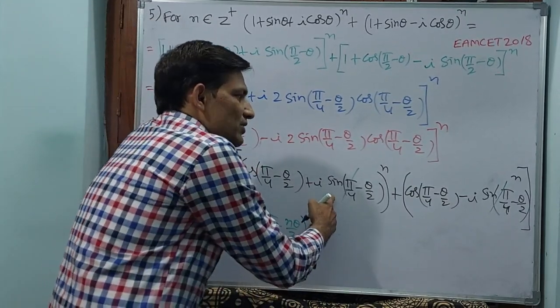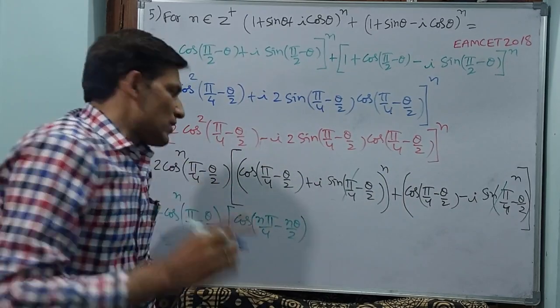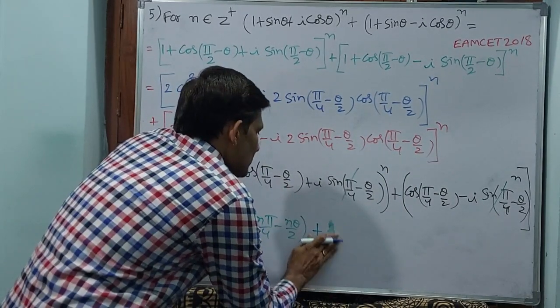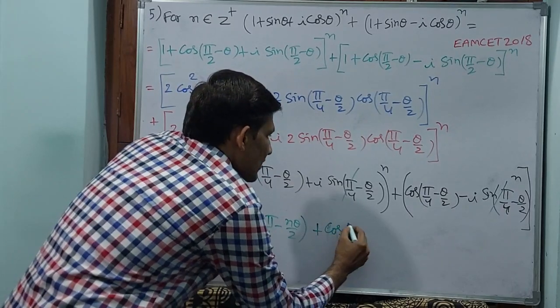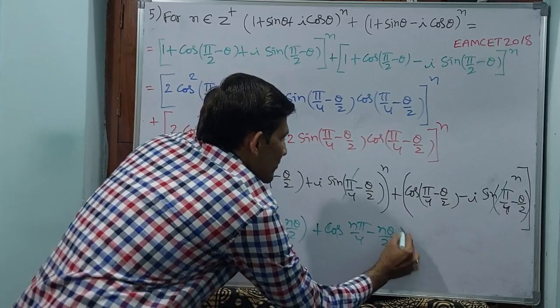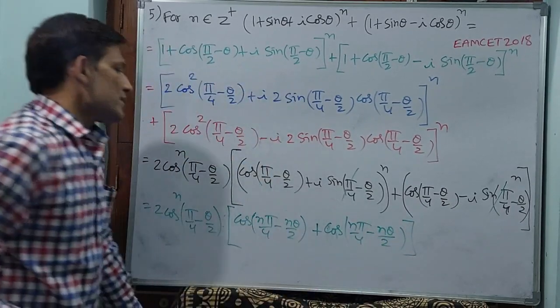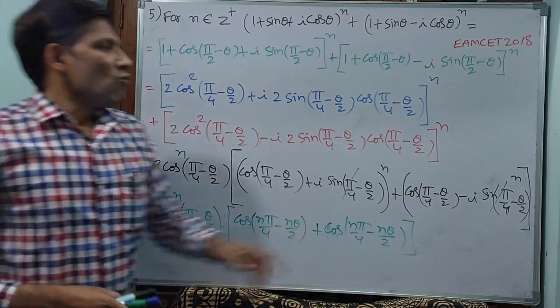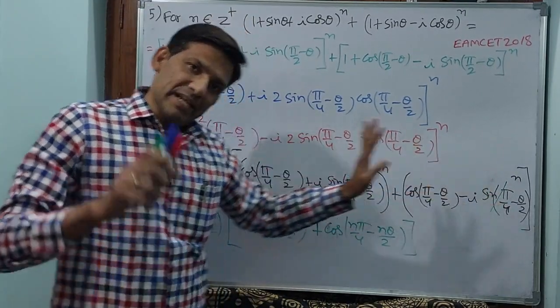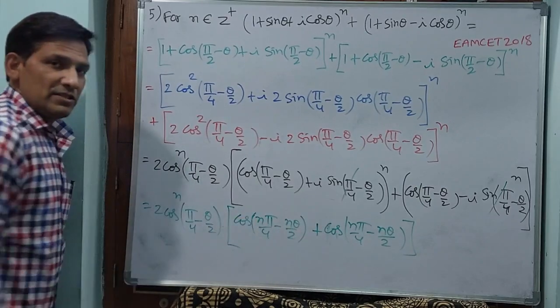At least this is going to cancel with n, that you accept, plus 2 cos n pi by 4 minus n theta by 2. Up to here it is okay? Because we have sent n inside, n pi has come, plus minus have cancelled. Now only these will be there.